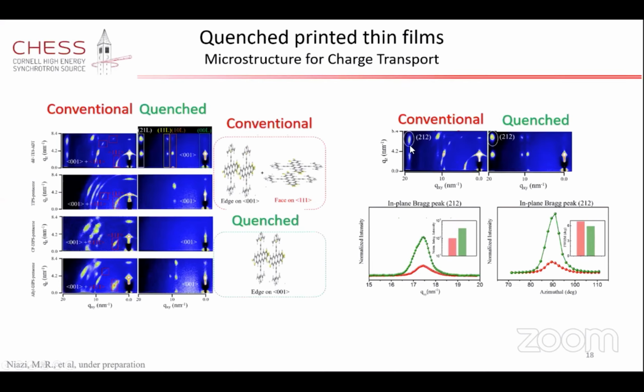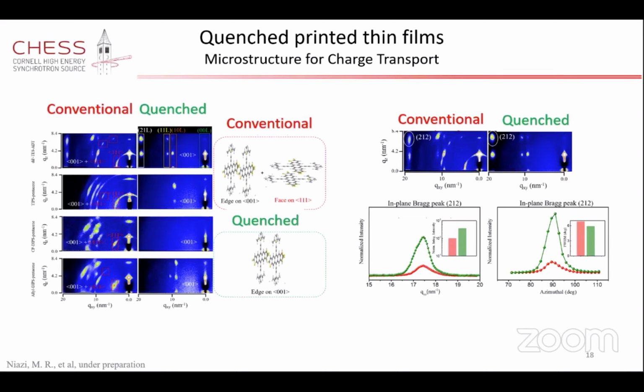In further detailed investigation of peaks, we found that for the films processed via conventional methods, the peaks were smeared, and detailed analysis always showed that the in-plane peaks, which are directly correlated with the in-plane charge transport, showed higher signal intensity for the same film thickness.